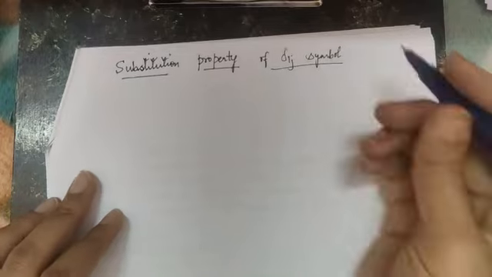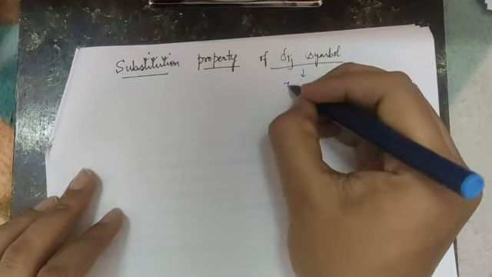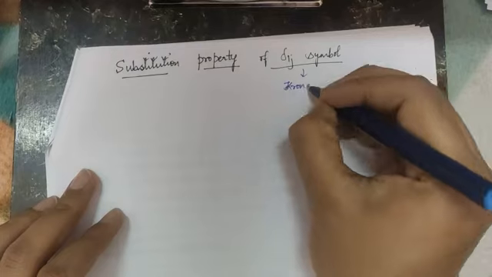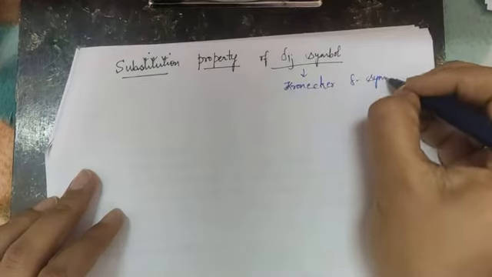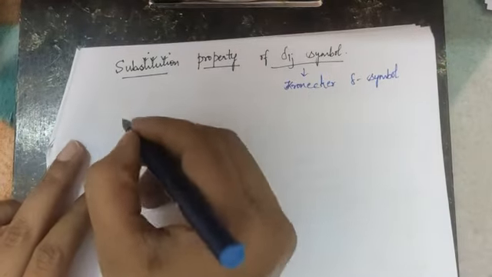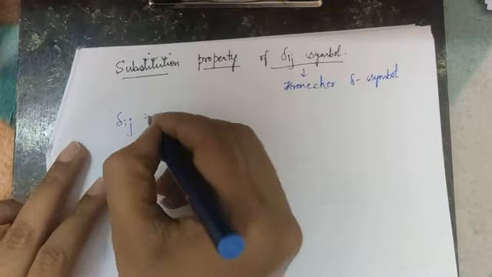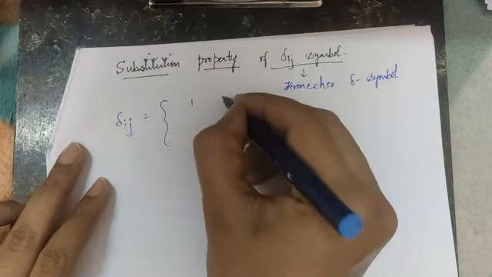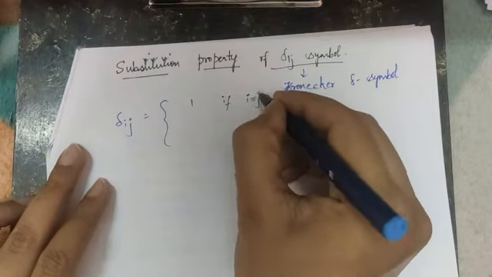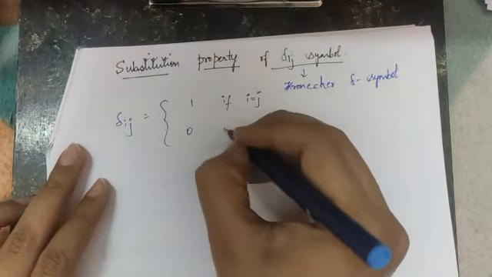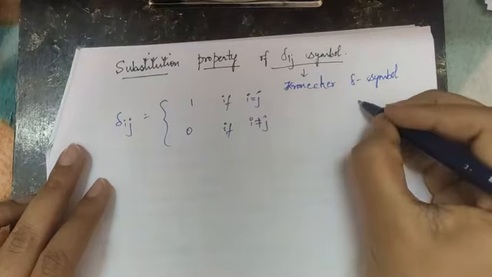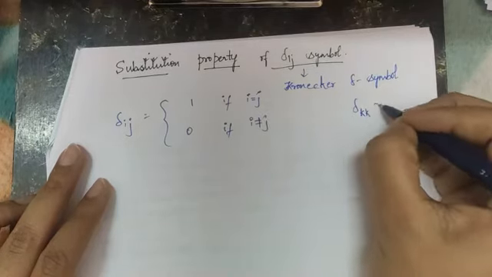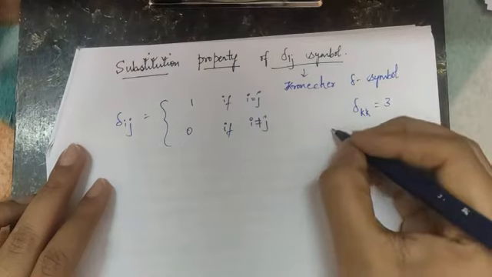This delta ij symbol is called the Kronecker delta symbol, right? So it takes two values, one if i is equal to j and 0 whenever i is not equal to j, and the value of delta kk is nothing but 3.